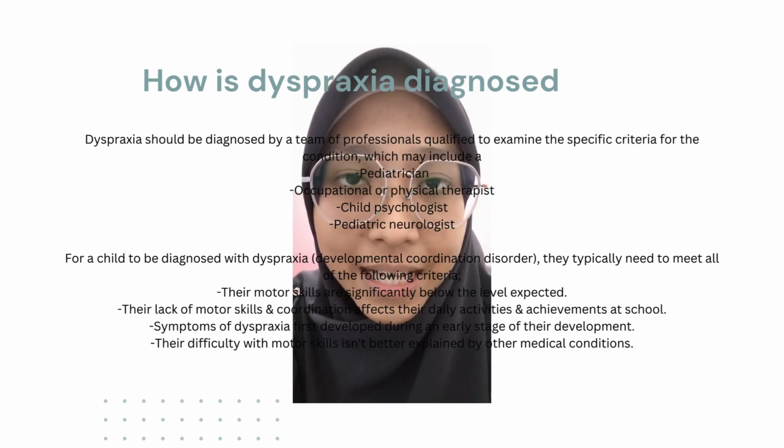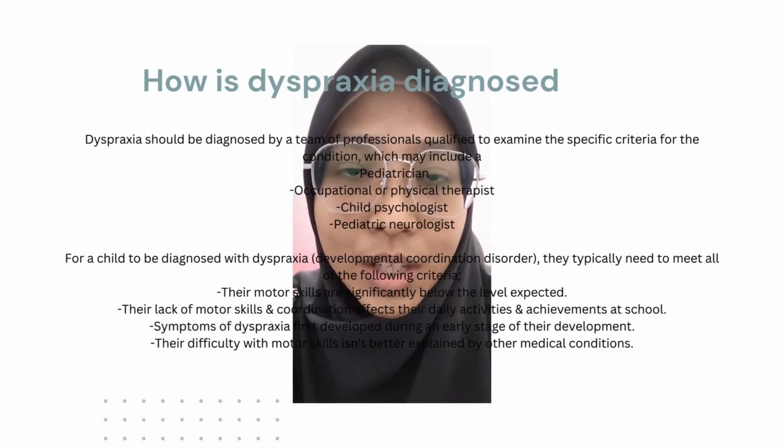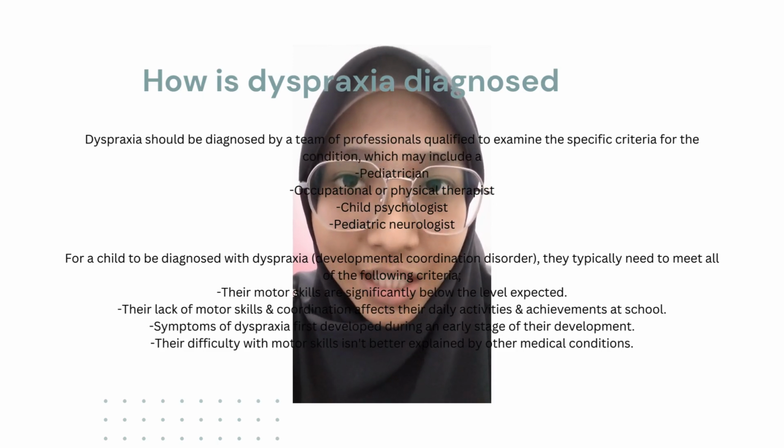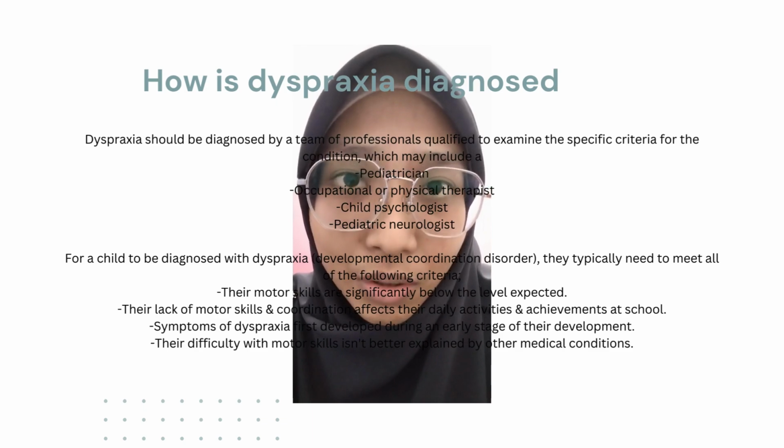Dyspraxia should be diagnosed by a team of professionals qualified to examine the specific criteria for the condition, which may include a pediatrician, occupational or physical therapist, child psychologist, and pediatric neurologist.